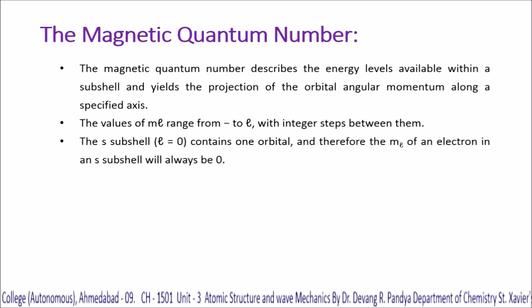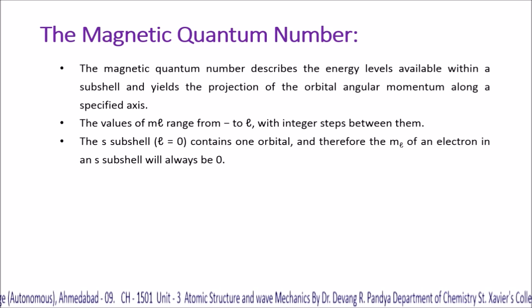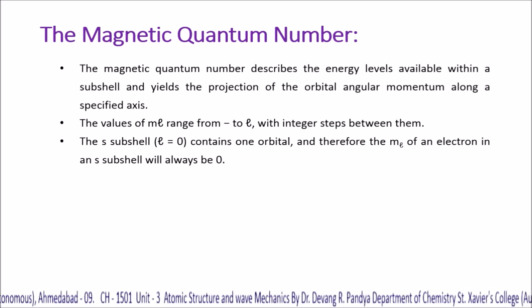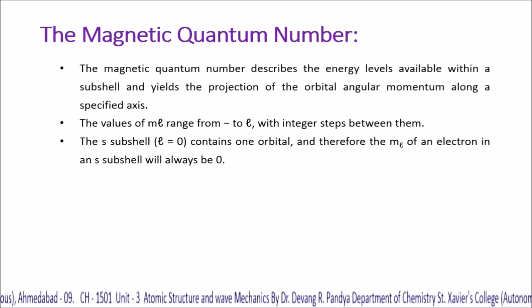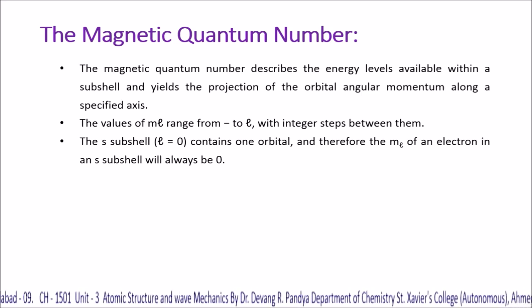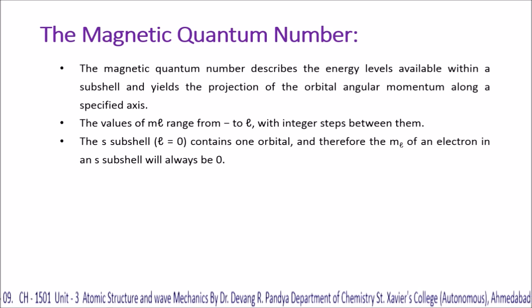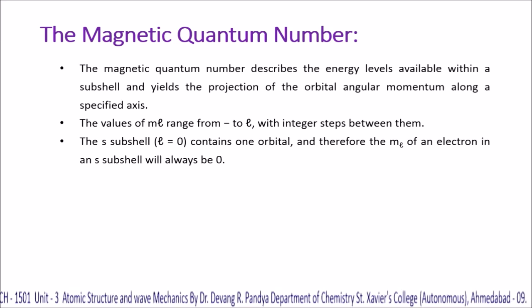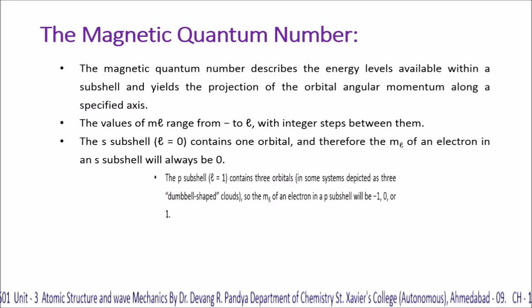The s subshell, where L is equal to 0, contains one orbital, and therefore the value of m subscript L, the magnetic quantum number for an electron in an s subshell, will always be 0.